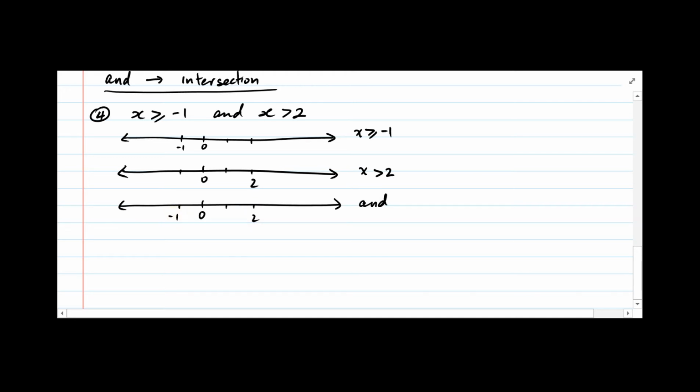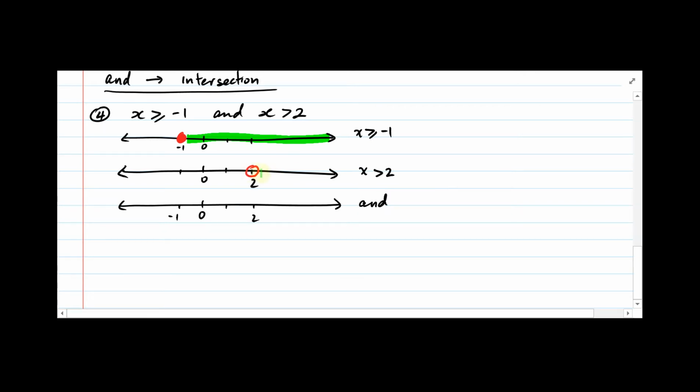Alright, so let's see what I have on the first line. First line I have a closed circle at -1, and then we would shade everything to the right to indicate x is greater than or equal to -1. Next I go to the second line, x is greater than 2, so it's an open circle there.